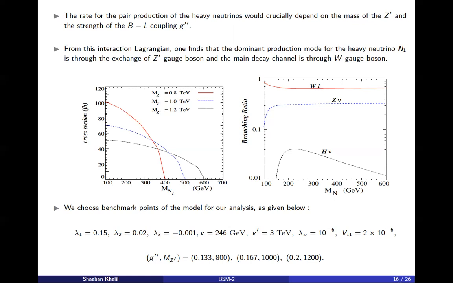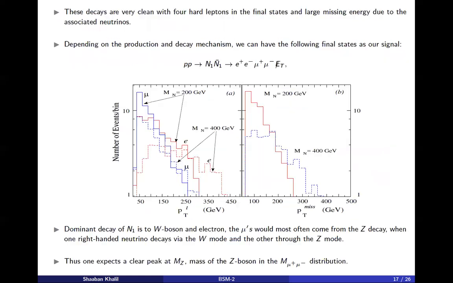So people are claiming that, not people, we with some colleagues from, I think, Finland, we did this analysis and showed that this is a very interesting signal to probe right-handed neutrino and Z prime, and it was published in Physical Review Letters, for example. So this was quite interesting at the time.